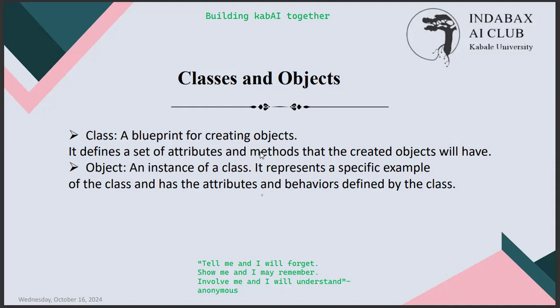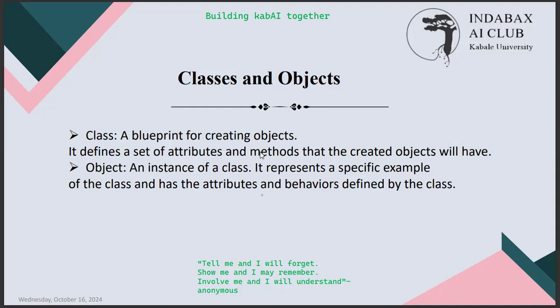So a class can be given a definition as a blueprint for creating objects, and it defines a set of attributes and methods that the created objects will have. And then an object is an instance of a class, and it represents specific examples of the class and has the attributes and behaviors defined by the class.